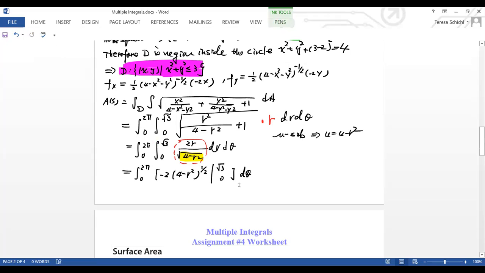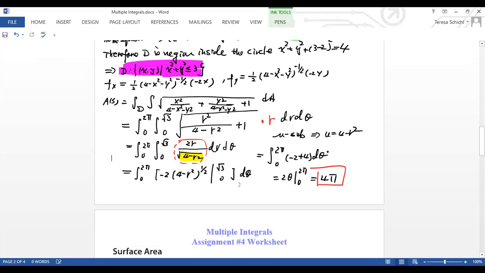So amazingly, after you substitute here, this is 0 to pi, and you will get negative 2 plus 4 d theta. So it's 2 d theta. So this will be 2 theta from 0 to 2 pi. Whoa. It's such a beautiful answer, right? So the answer here is 4 pi.